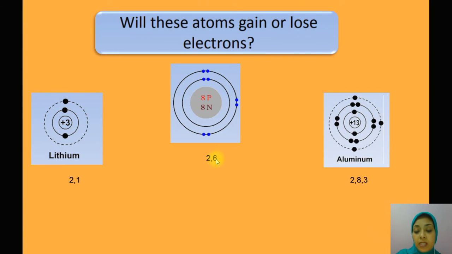We have 2, 6, which is more than 4 electrons. It will gain 2 electrons to complete the outer with 8. The aluminium, 2, 8, 3, is less than 4 electrons, so it tends to lose the 3 electrons in the outer energy level.